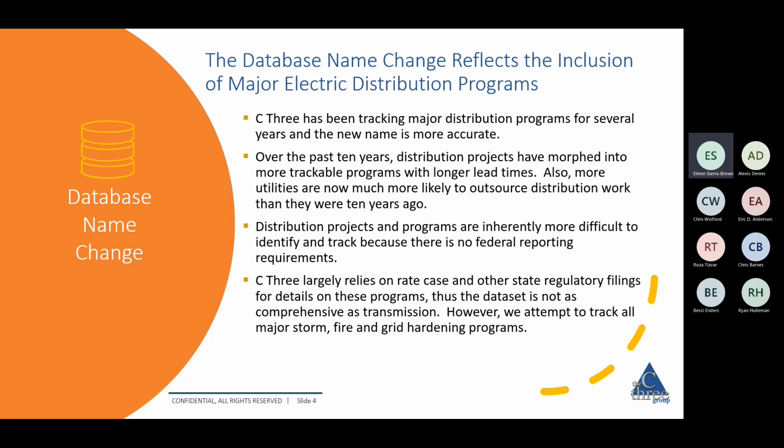A lot of the smaller distribution programs and projects are not publicly available and are not able to be captured. So the database is still predominantly transmission projects, but we do have a large set of distribution programs that we are tracking throughout this database.